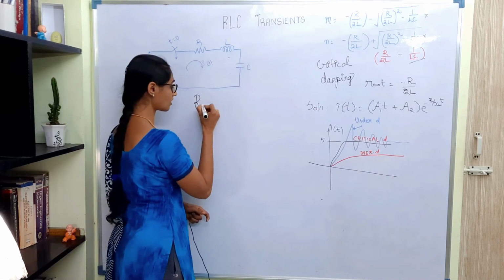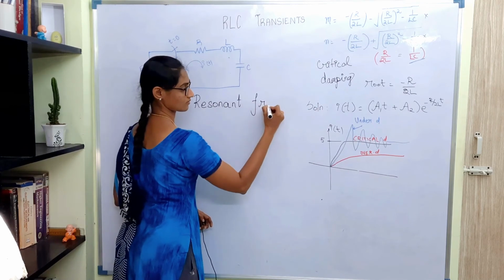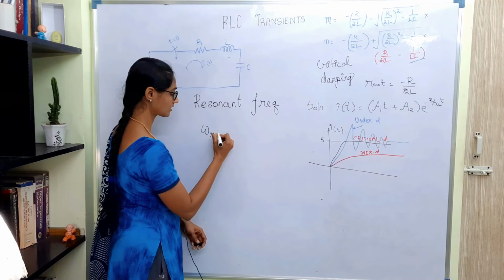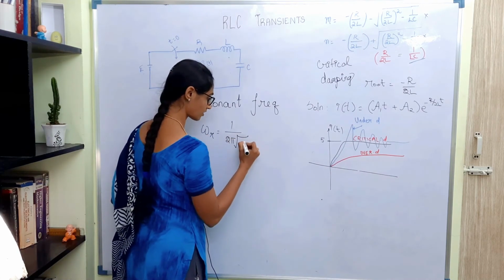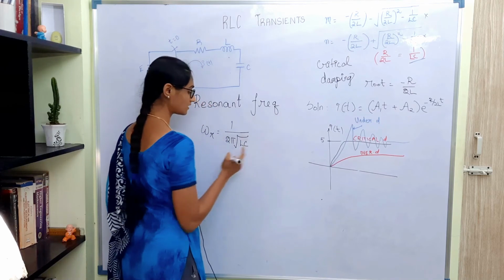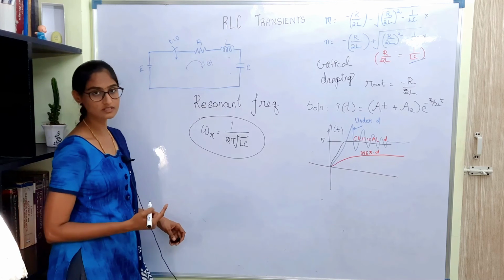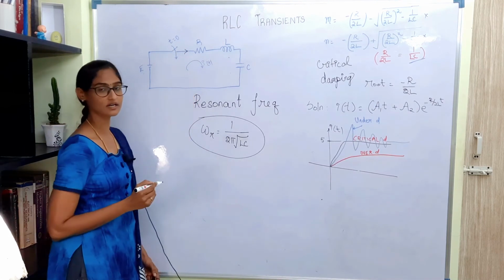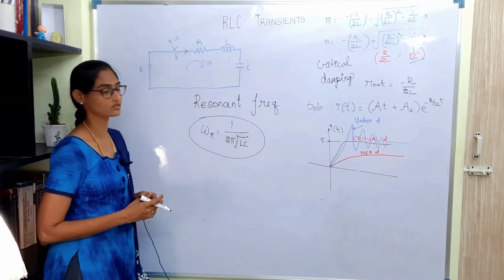There is a frequency called resonant frequency. At a resonant frequency omega r, which is 1 by (2 pi into root of LC), at this frequency, if a source is supplying power at this frequency, then this will be getting maximum current, or infinite or maximum current that is passing through this circuit.